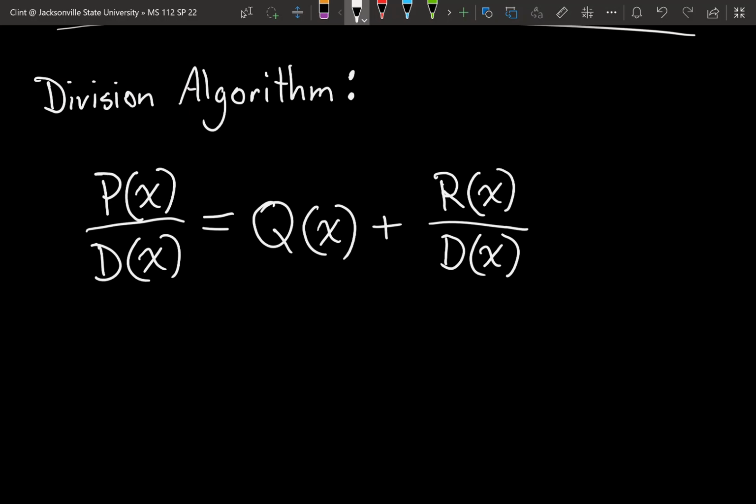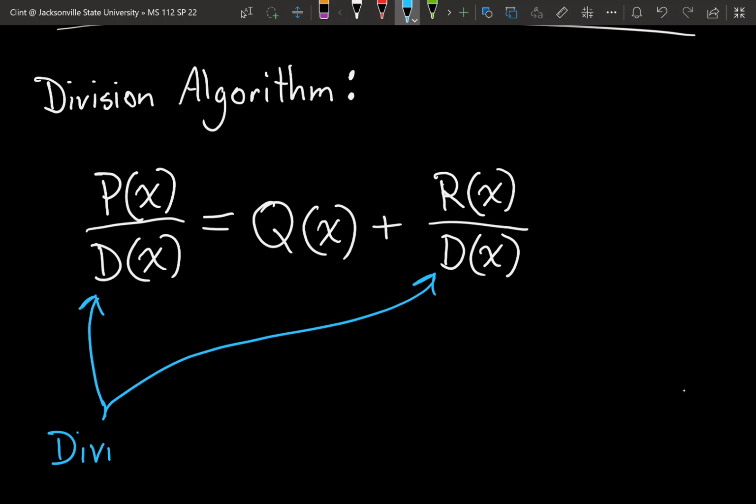This looks a little more confusing because we've got polynomials involved, not just numbers. But d of x is the same polynomial in both situations. It's the one we're dividing by, so that's called the divisor.